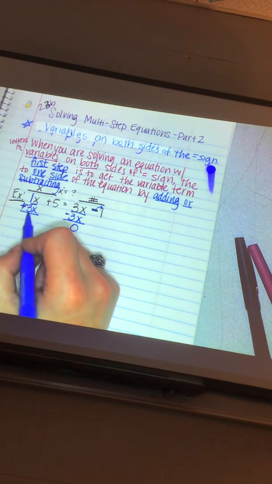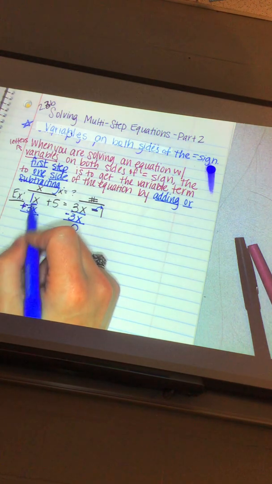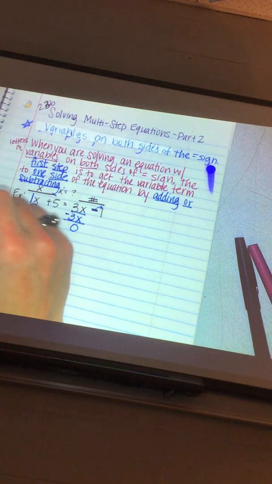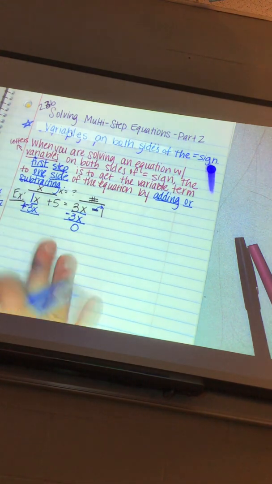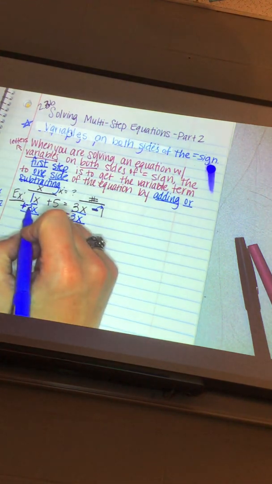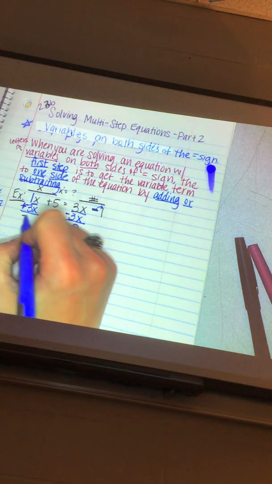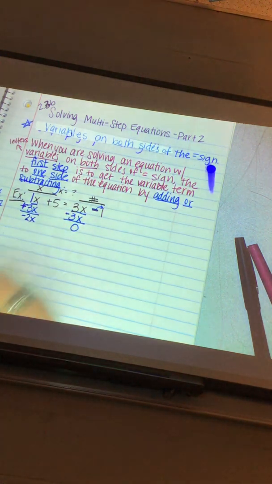Now I have 1x plus negative 3x. So now I'm adding, and I have different signs, so I have to subtract. 3x minus 1x is 2x. And then you keep the sign of the larger number, which is 3. So you end up with a negative 2x, because 3 was negative.